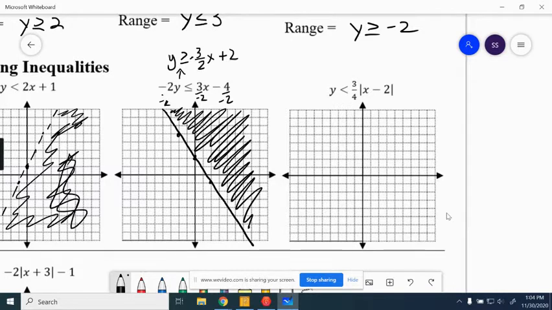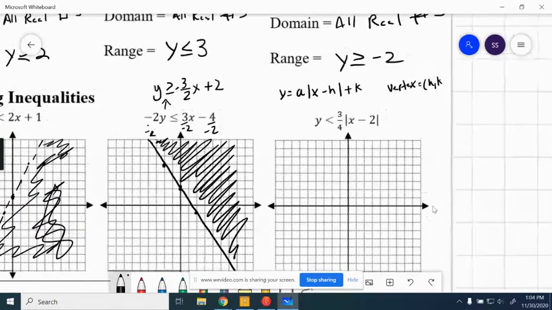And let's just write out here the general equation for an absolute value function, which is y is equal to a times the absolute value of x minus h, plus k. And we should remember that the vertex is going to be (h, k). I'm running out of room there. There we go.